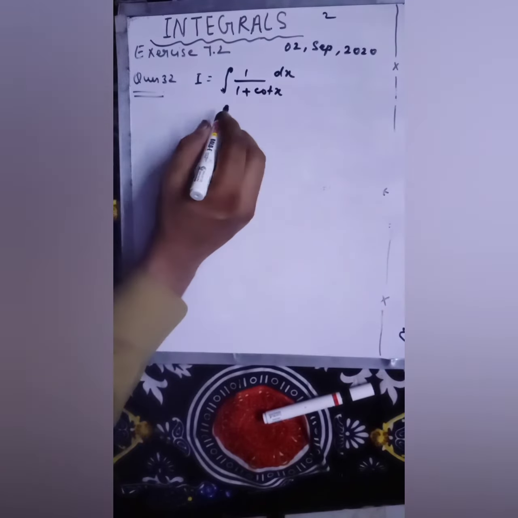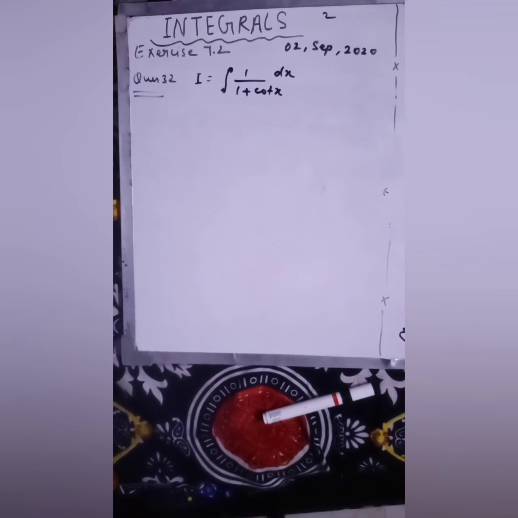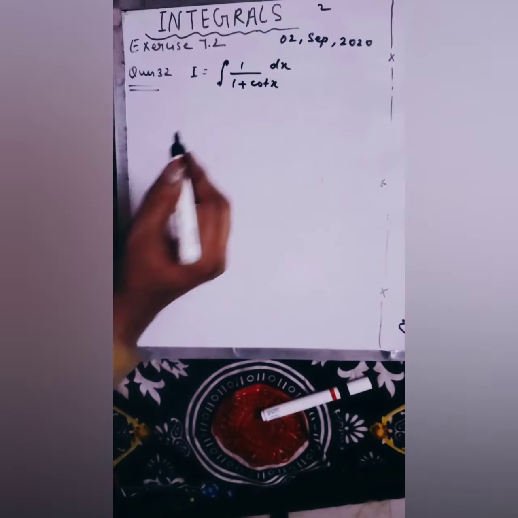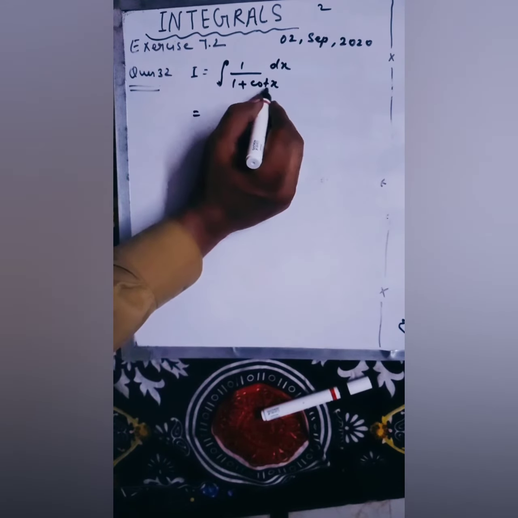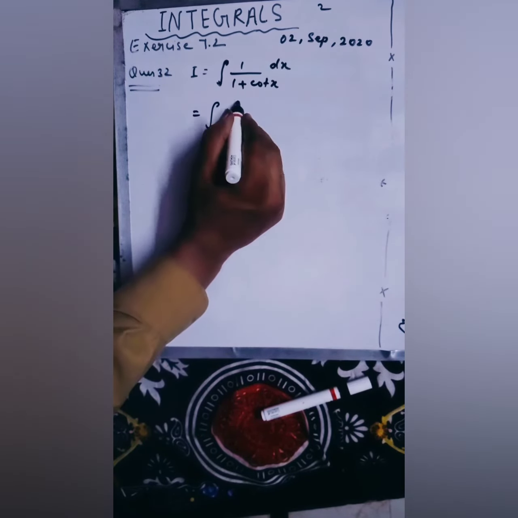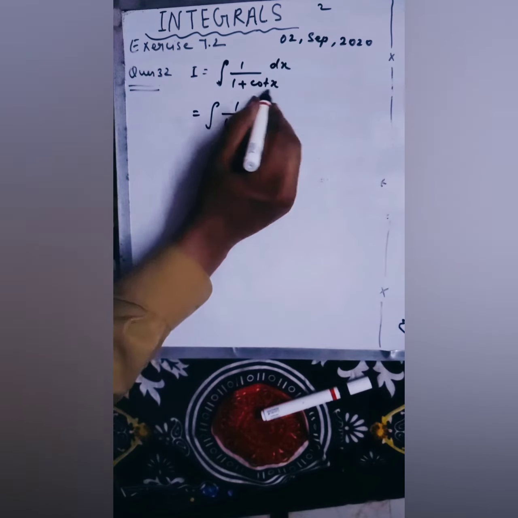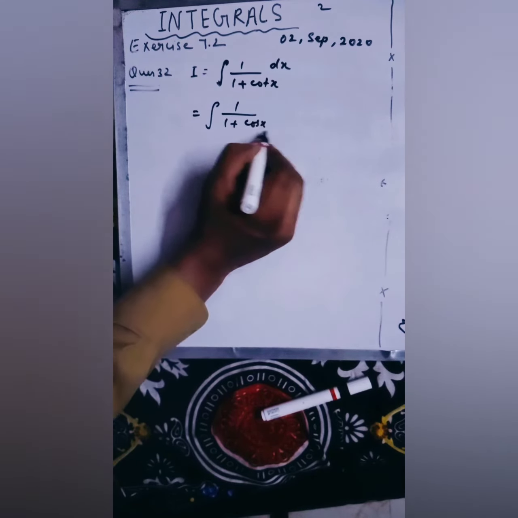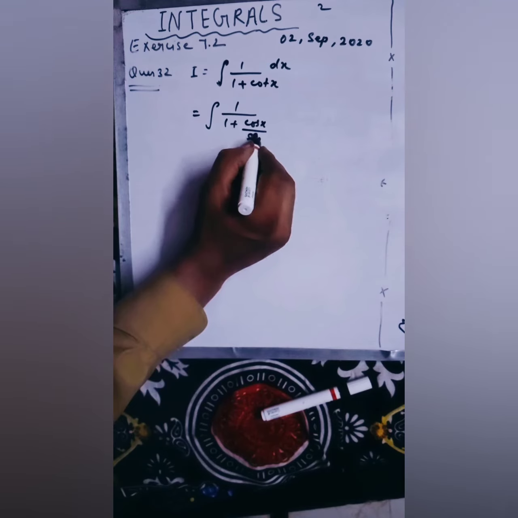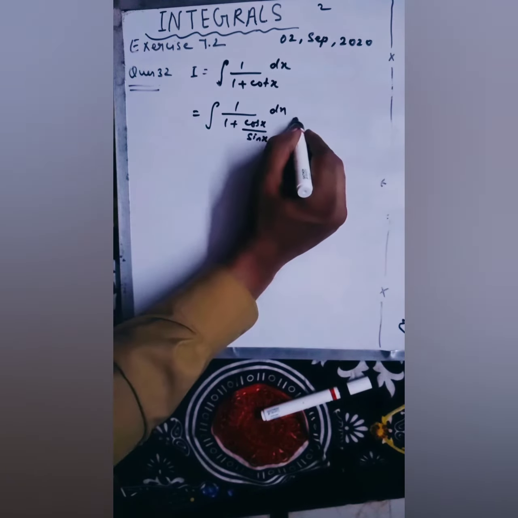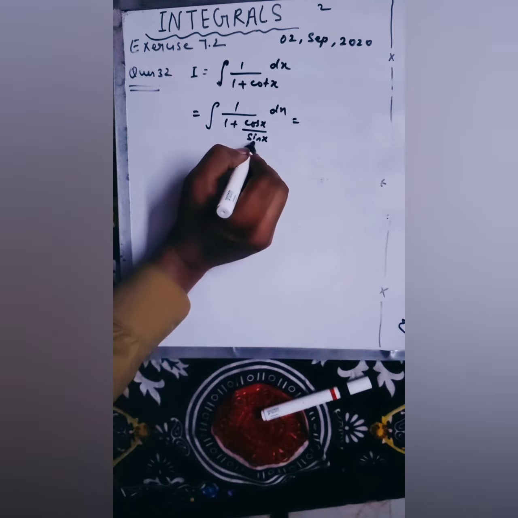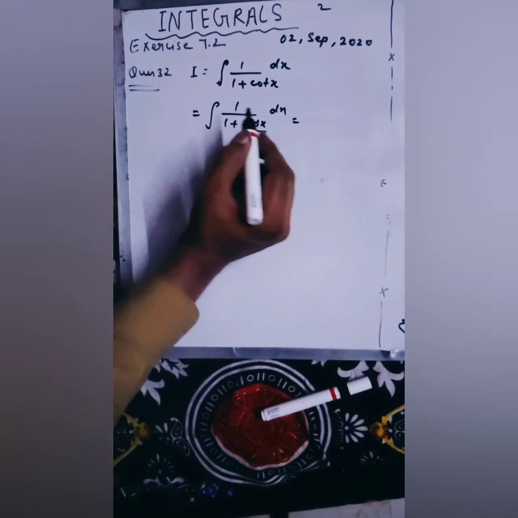Okay, see. Here you have to break cot x. Cot x would be cos x over sin x, into dx. Now you have to take the LCM, and this sin x will come in the numerator part also.